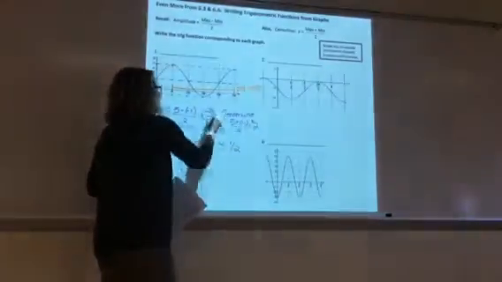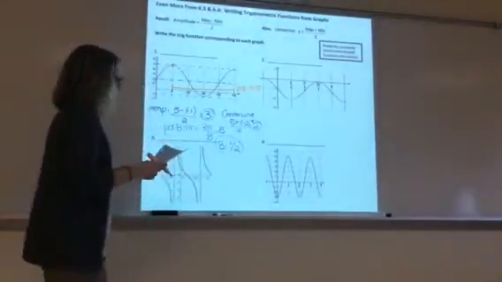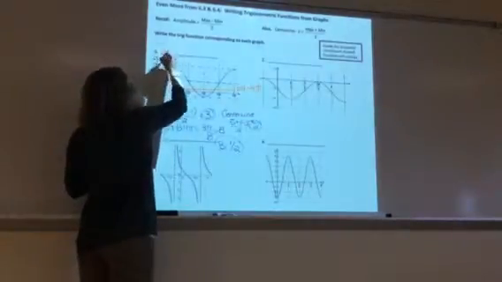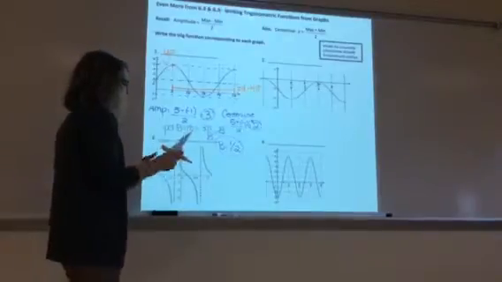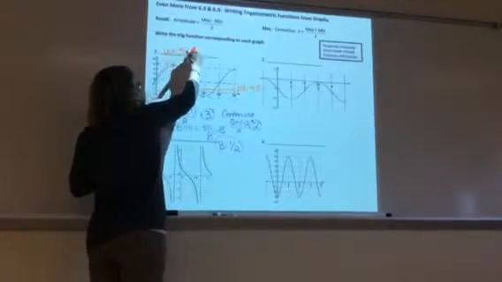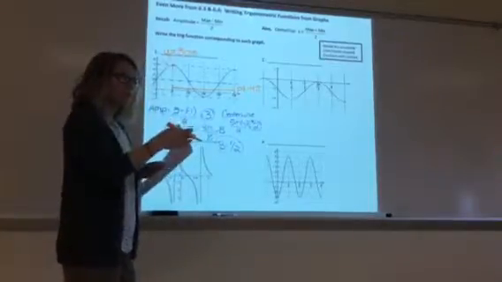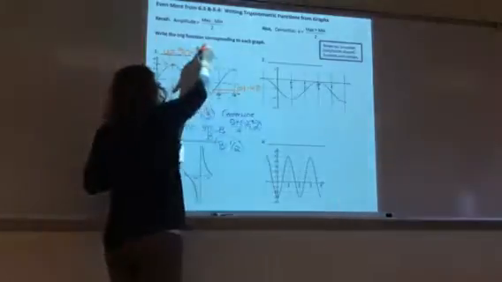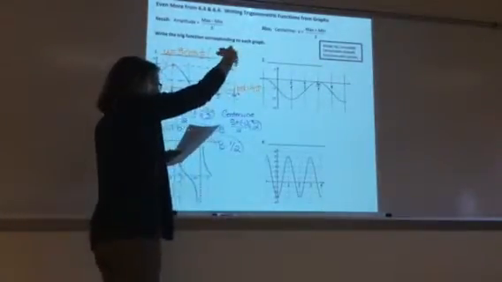Okay? So I have my amplitude, I have my center line, and I have my b value. So now I can write my equation. What is my equation? What goes first? 3. Cosine, right? What goes next? 1 half, that's my b value. And then I do my phase shift, my left and right.